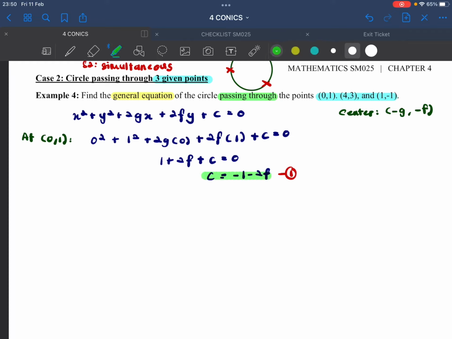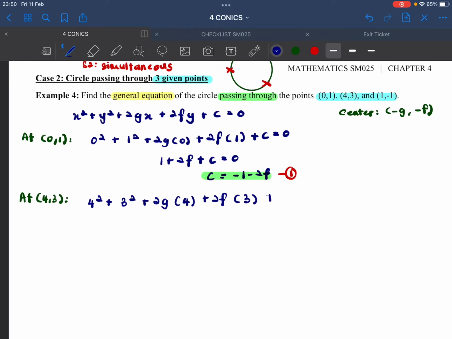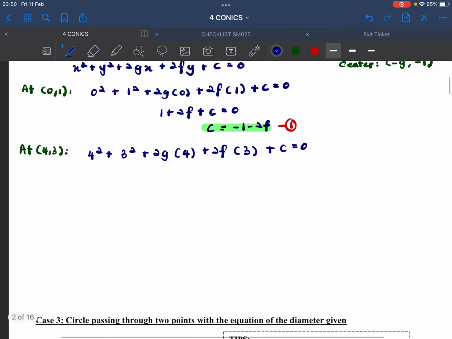Let's go straight to the second point, which is (4, 3). Just substitute 4 and 3 into x and y. So we have 4 square plus 3 square plus 2g times 4 plus 2f times 3 plus c equals 0. Simplify everything.